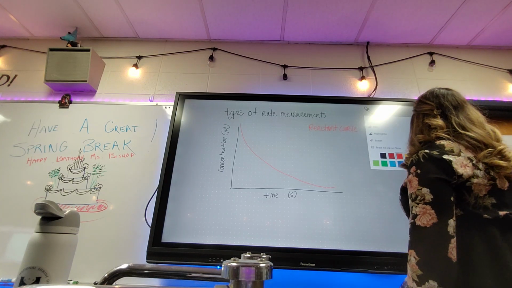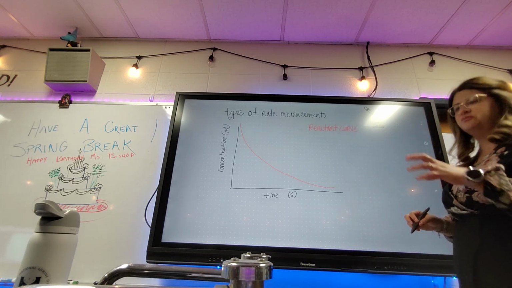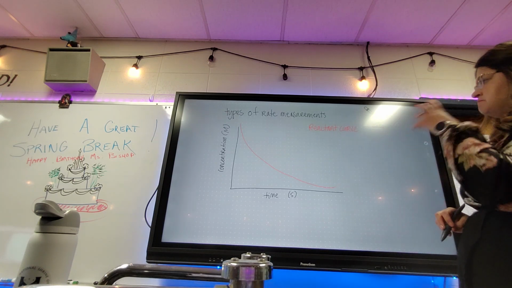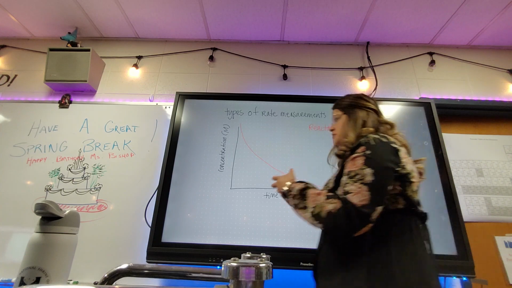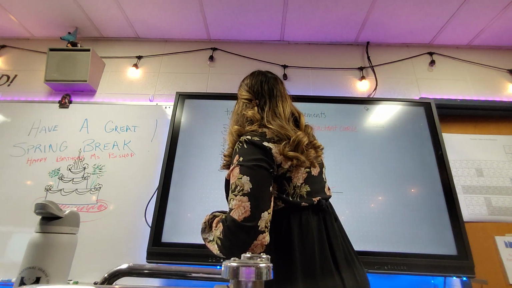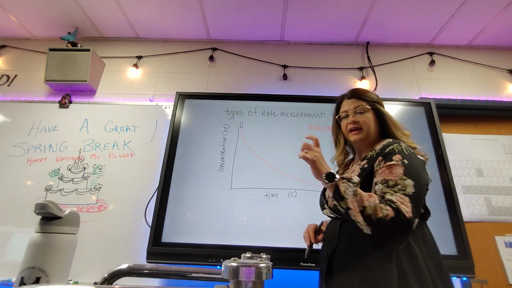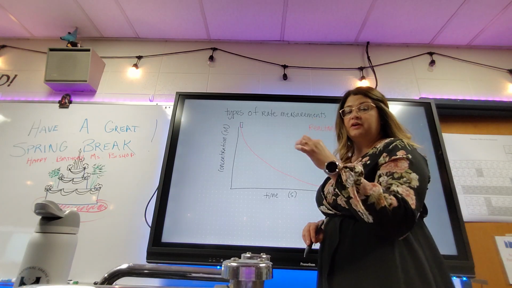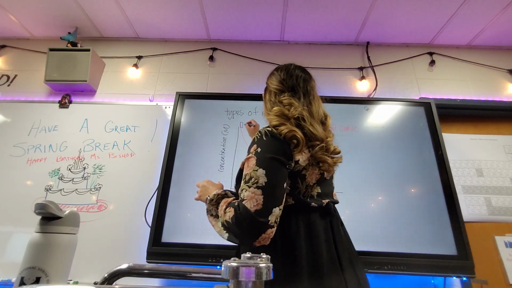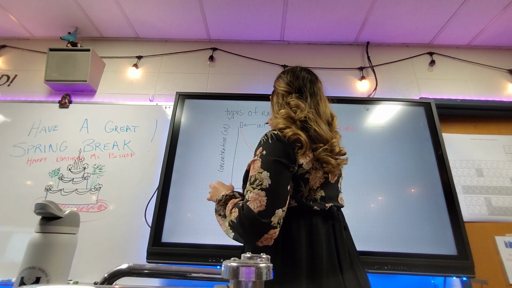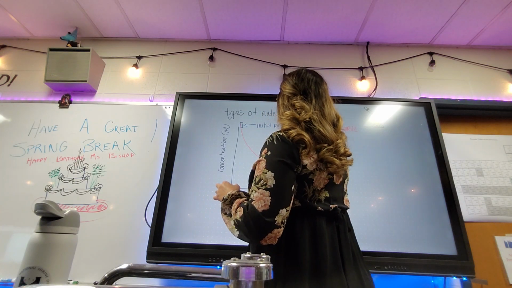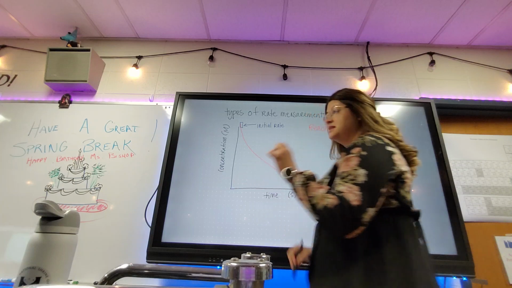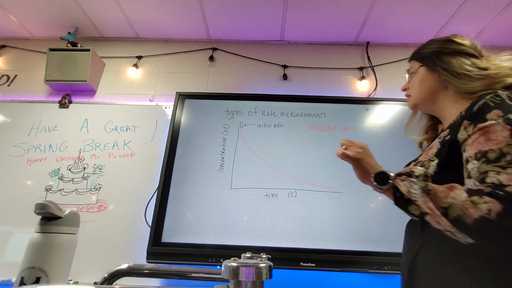Okay, so I'm ready to show you the three major different types of measurements that you can make on a rate. You can first find out how much the concentration is changing at the very beginning of your reaction. This is called the initial rate. The initial rate is special.